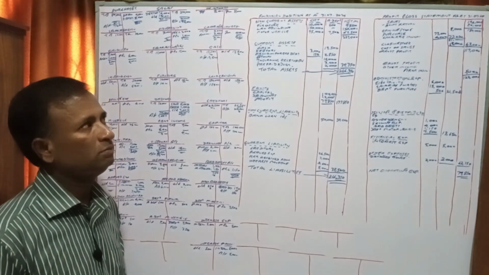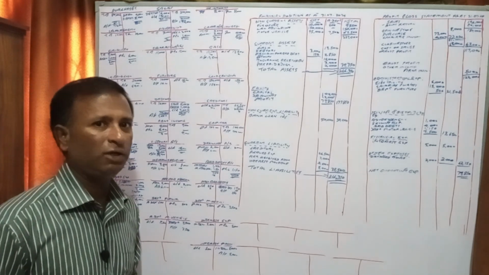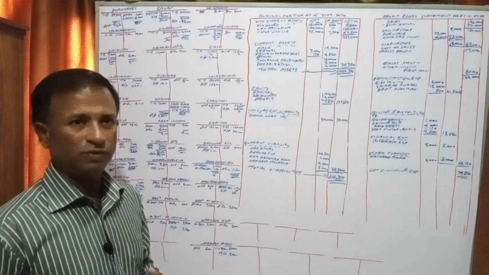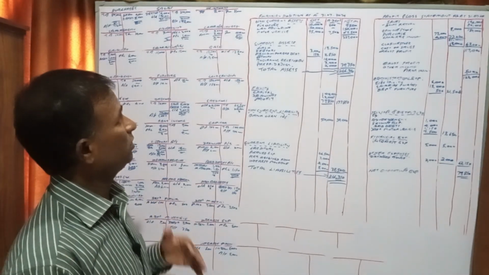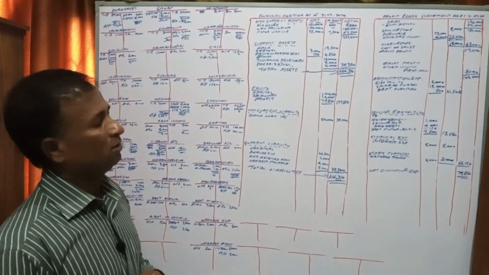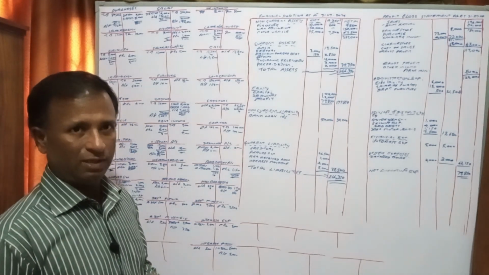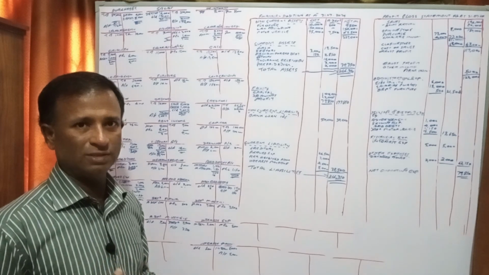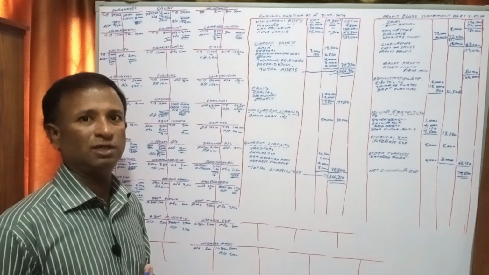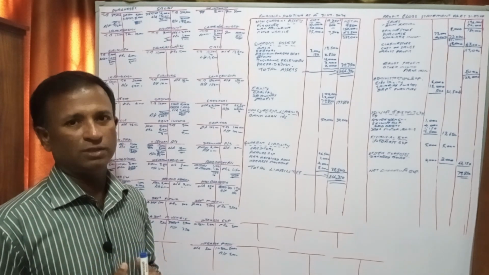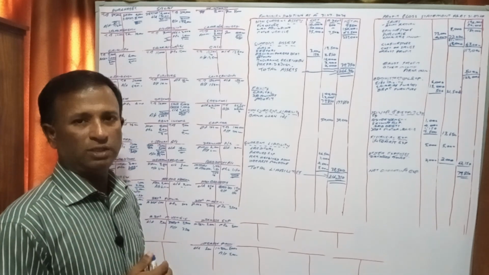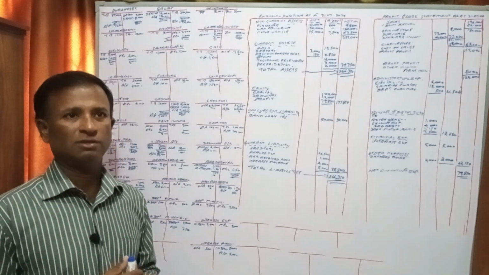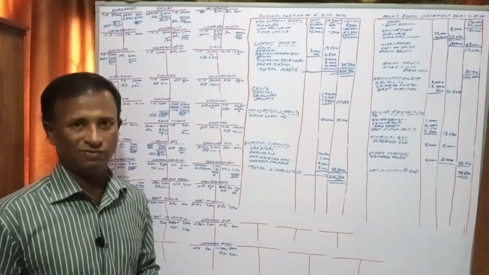Okay, so I hope to see you in the next lesson also. We are going to discuss another exercise. If we do more and more exercises, then you will get familiar with all the adjustments, and you will be in touch with all the double entries. Okay, thank you. I'll see you in the next video. Thanks.